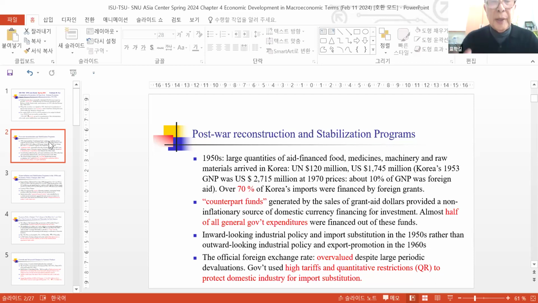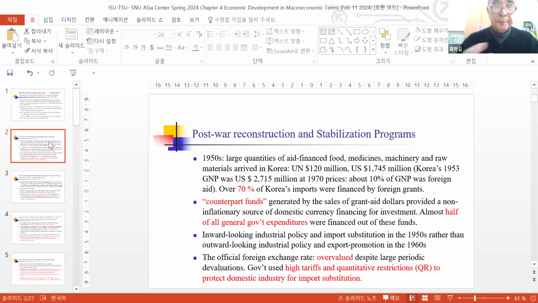Because actually rice is needed, therefore rice is aided by the United States. So rice will be in the market, okay? And the sales funds of rice will be created as counterpart funds. So those counterpart funds will be used by the Korean government as expenditure.